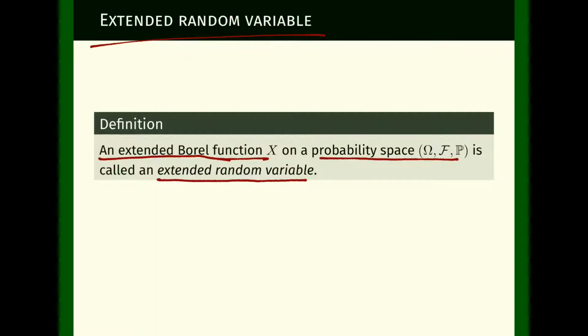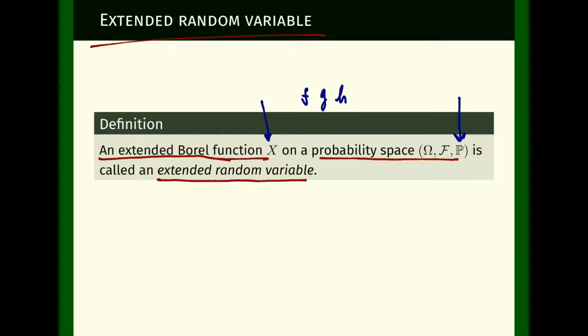And as usual, when a measure space happens to be a probability space, we also indicate that in the notation. So we use blackboard boldface P instead of Greek letters mu and nu, and we use capital X instead of lowercase f, g, and h for functions.